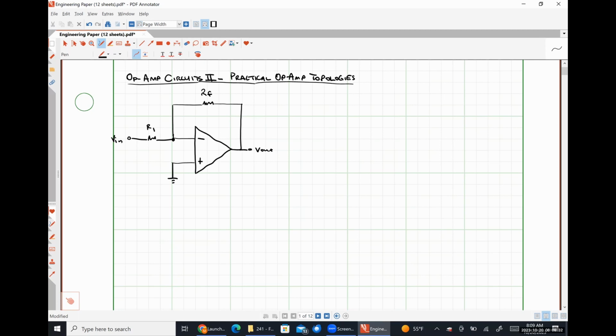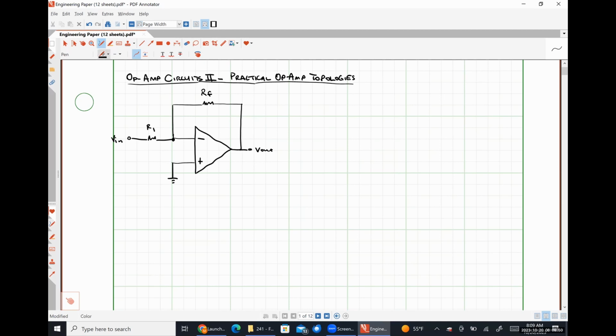So we're looking at things generically here. We're not necessarily trying to find a numerical value for anything. In fact, we can't because I haven't given you any numbers. What we're looking to do is figure out what the relationship between the output voltage and the input voltage is for this particular circuit.